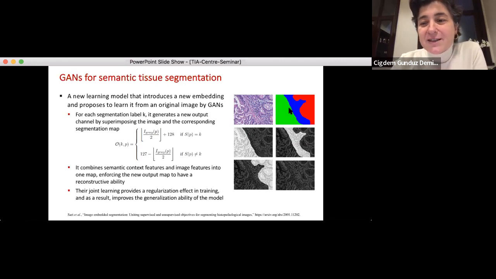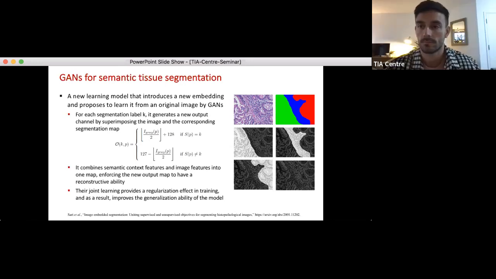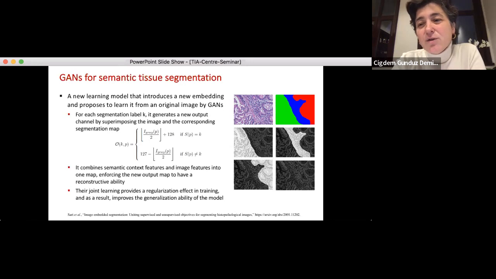For each segmentation label, we are generating a map. So the output map is a 4-channel output map. So it is like a regression problem for 4 channels. Your aim is to estimate those 4 channels from a 3-channel input image by using a conditional generative adversarial network.